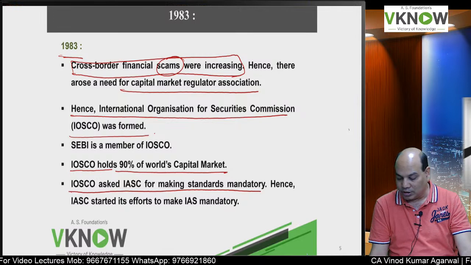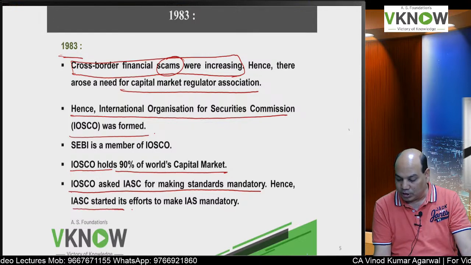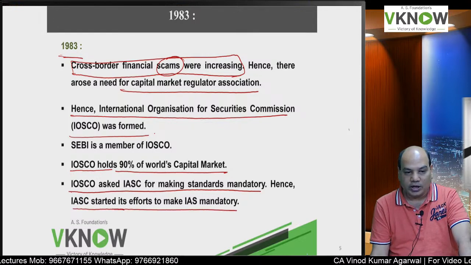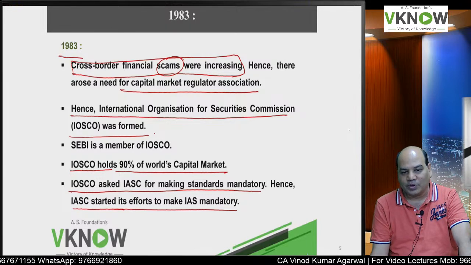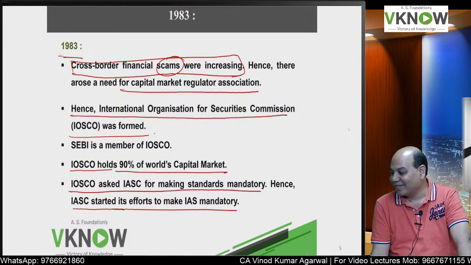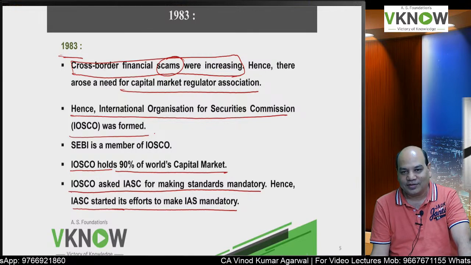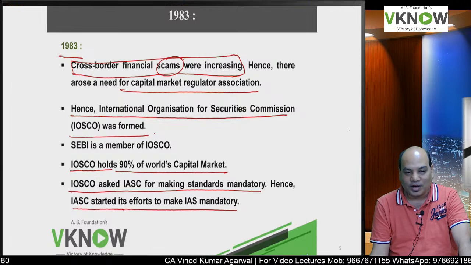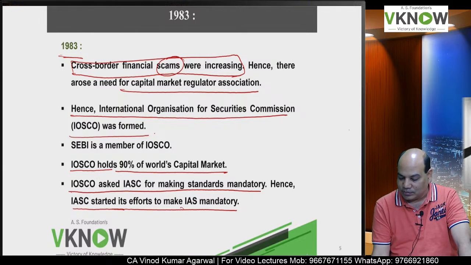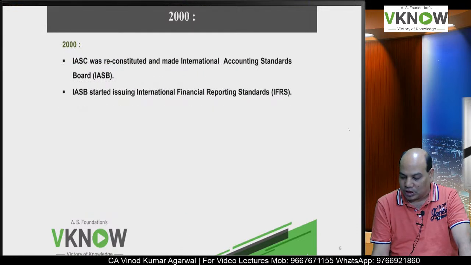Then in 1983 efforts were made to make IAS mandatory, because if it is recommendatory, like our traffic signal, what happens on a traffic signal if it is recommendatory? Please reply. Nobody follows that. But if you make it mandatory with a policeman standing there and a heavy challan, heavy fine, then yes, you will follow it. So that is the reason they started making efforts to make IAS mandatory.